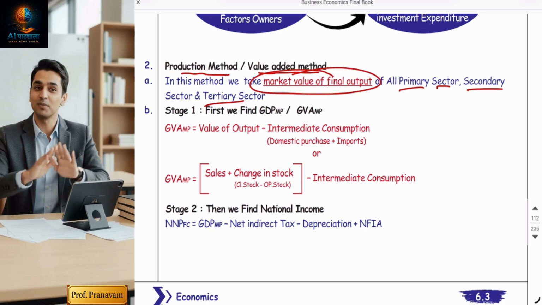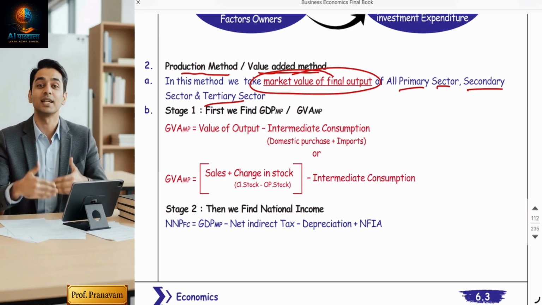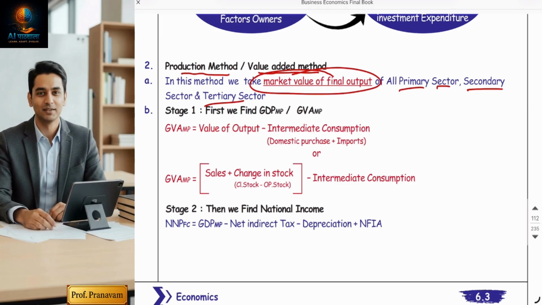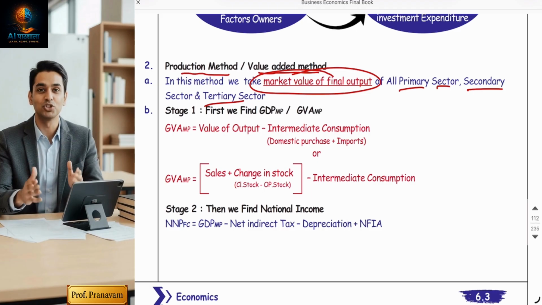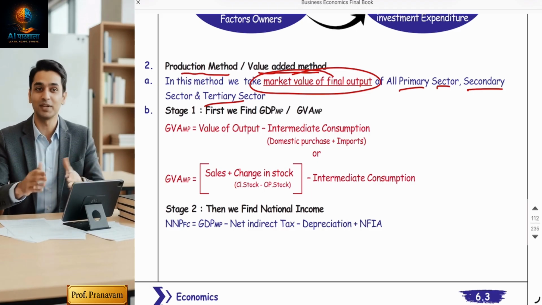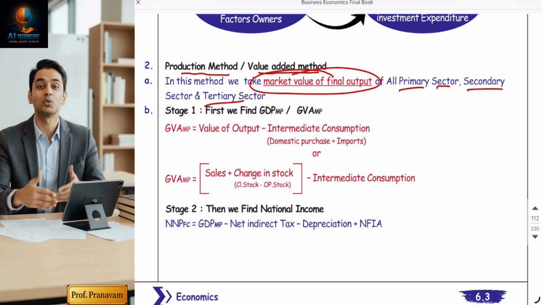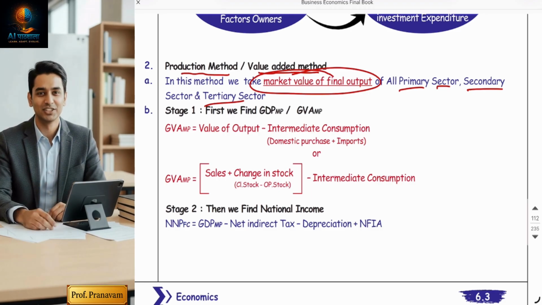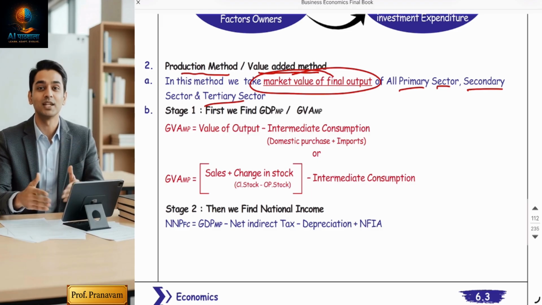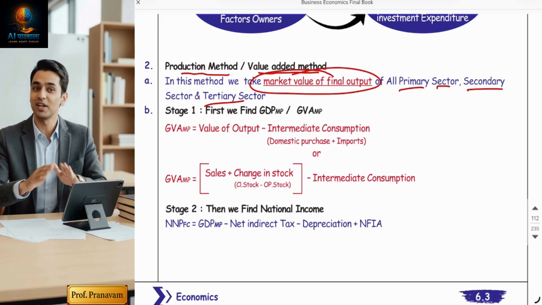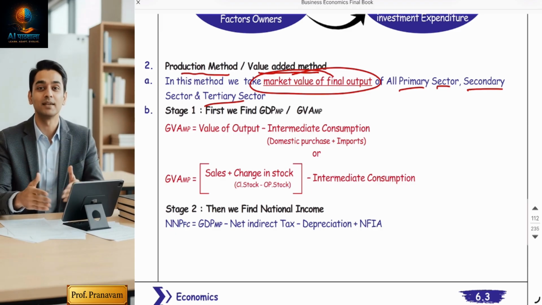But sir, the question arises: just by adding the money value of all final goods and services, how can 140 crore people's incomes be derived? Because, guys, people always earn income either by producing and selling goods or by producing and selling services. There is no other source of earning income.